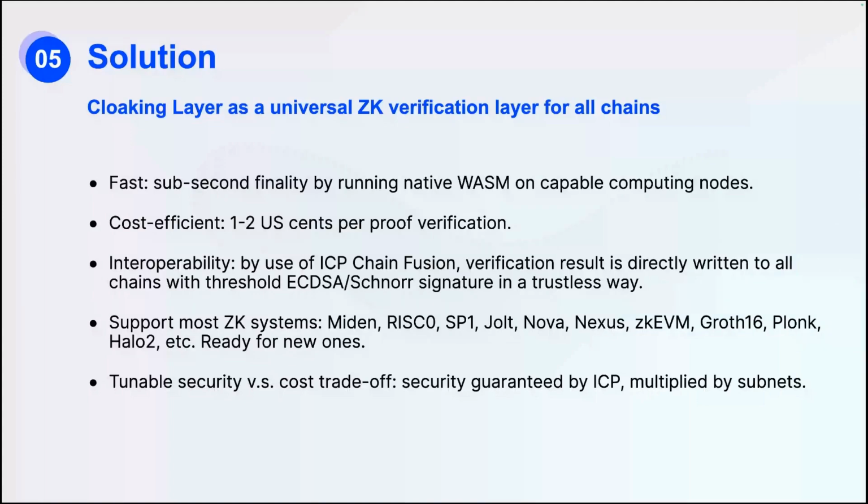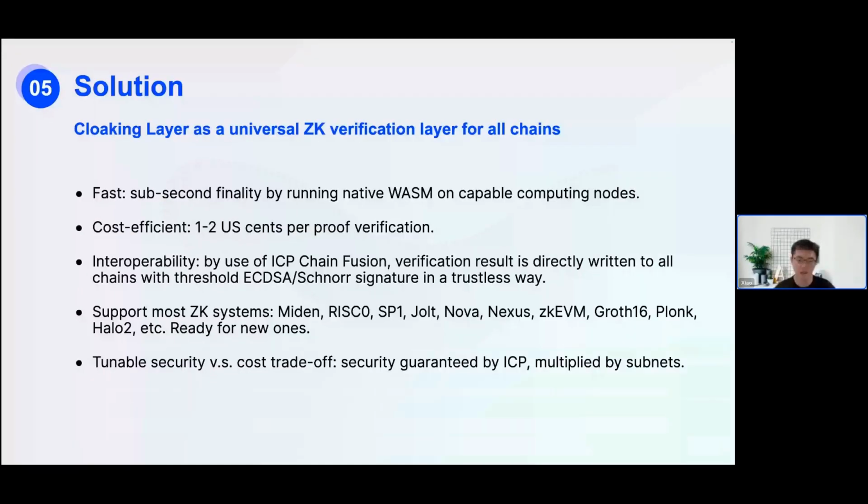We also have a tunable security and cost trade-off, which means currently the security of the Cloaking Layer is guaranteed by ICP, and we run the verification canister in one subnet. But in the future, if it is required by highly security-sensitive applications, we can replicate the same application in different subnets.